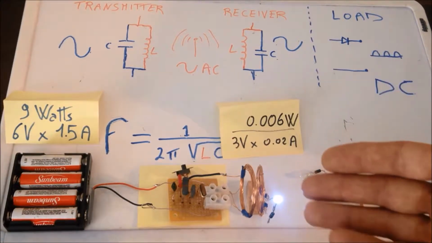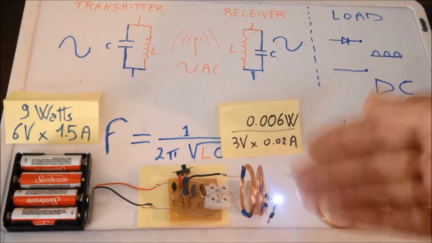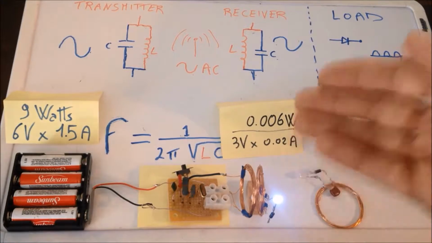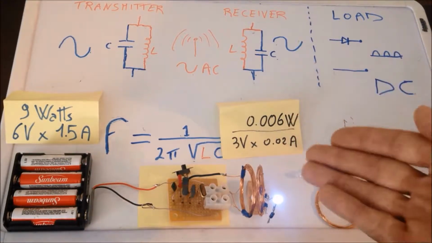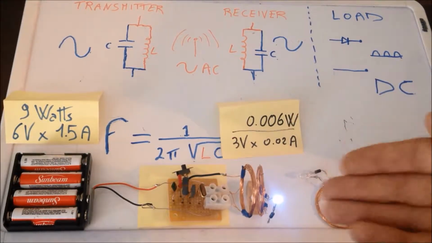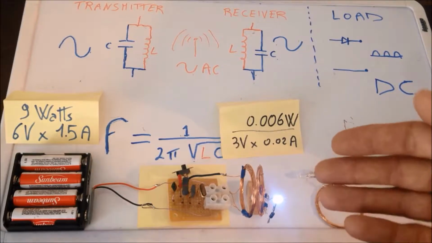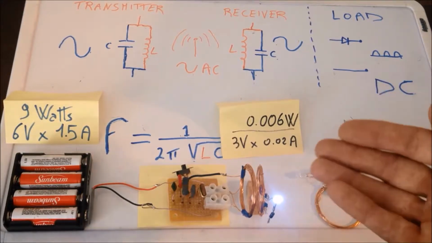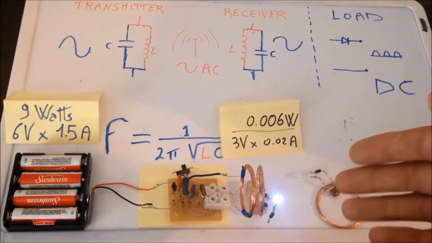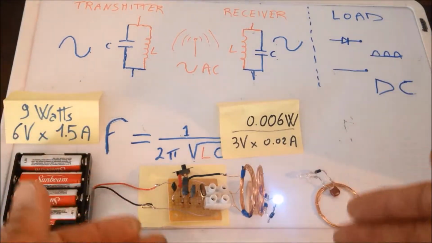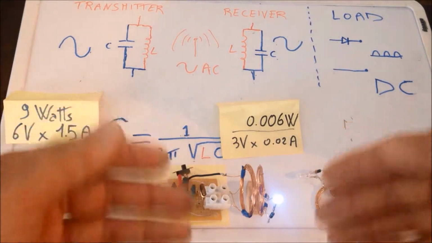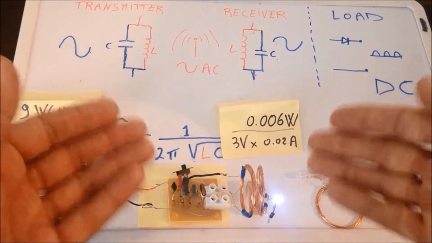So one more time, induction and wireless transmission is definitely a very inefficient system to gather energy. Now, it's very useful to not use cables and wires, but to gather energy out of electrosmog, it's not that clever.